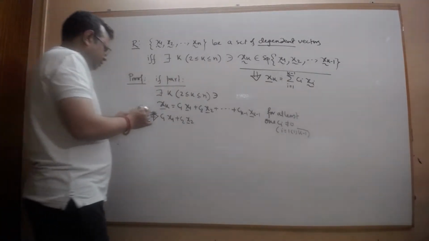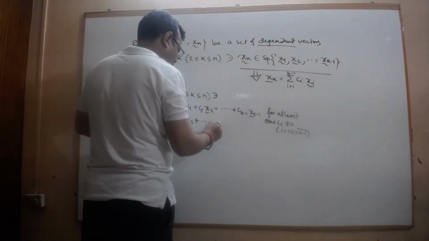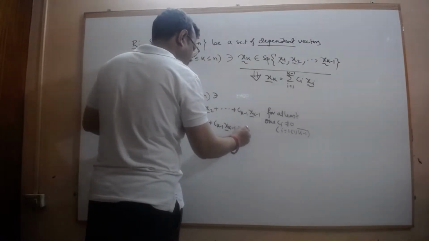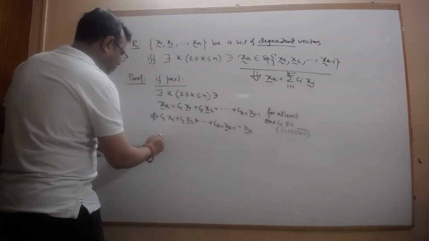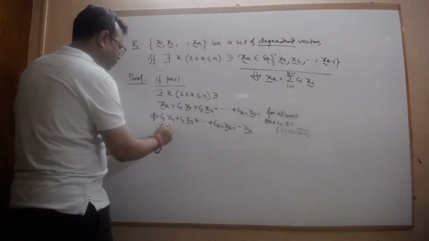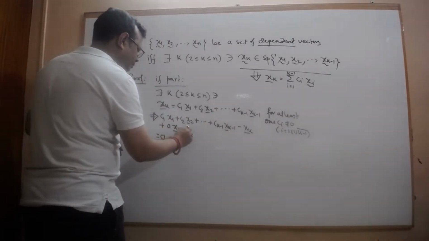So we write this thing equal to 0 vector. We add the other vectors as follows.